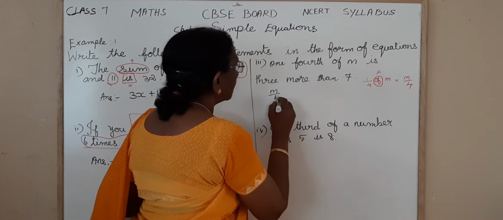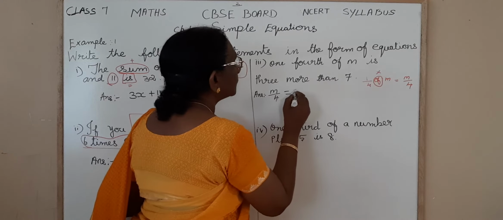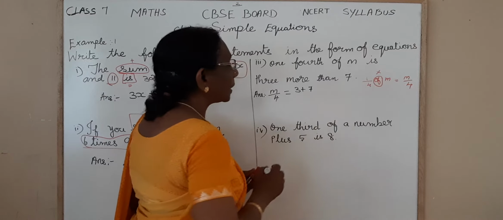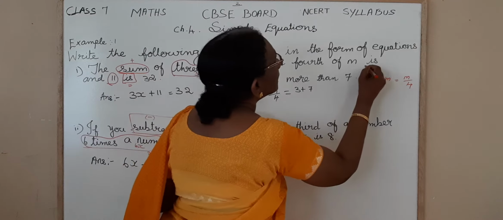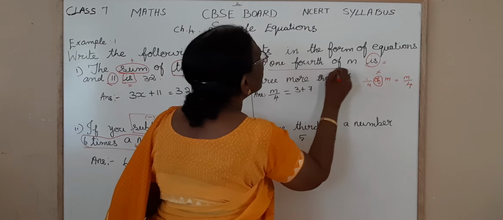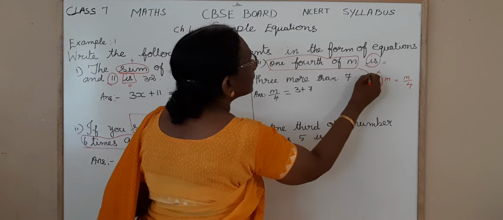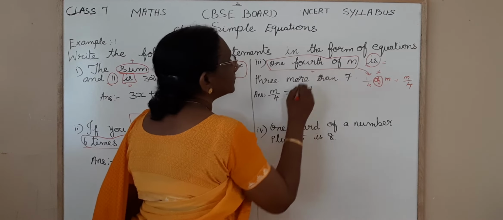So you can write this as m by 4 is equal to 3 plus 7. Why are we writing this? Because 1/4 of m is, this is what? Equal. And 1/4 of m is what? You calculated here. 3 more than, so plus.